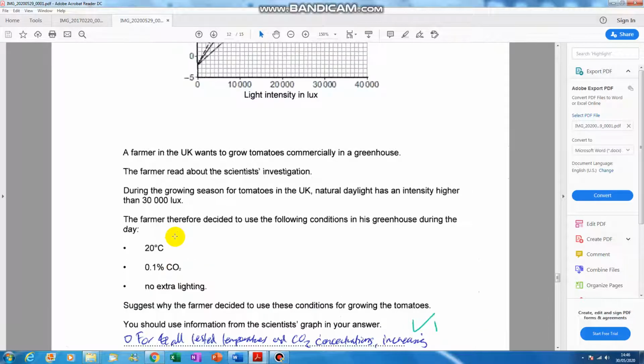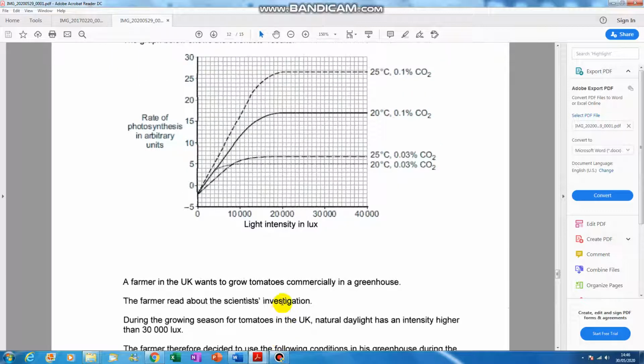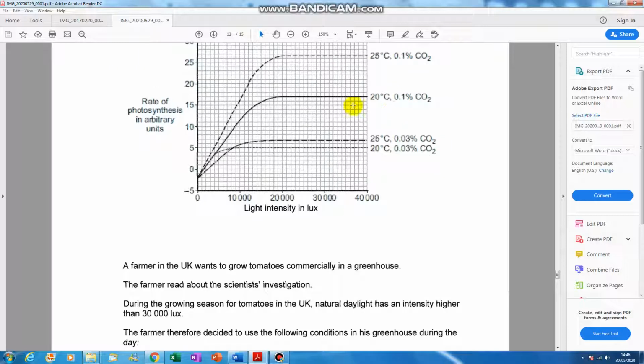What isn't necessarily backed up directly by this data is the fact that the farmer has chosen to use 20 degrees centigrade. And you can see that 25 degrees is definitely better at making photosynthesis happen faster.